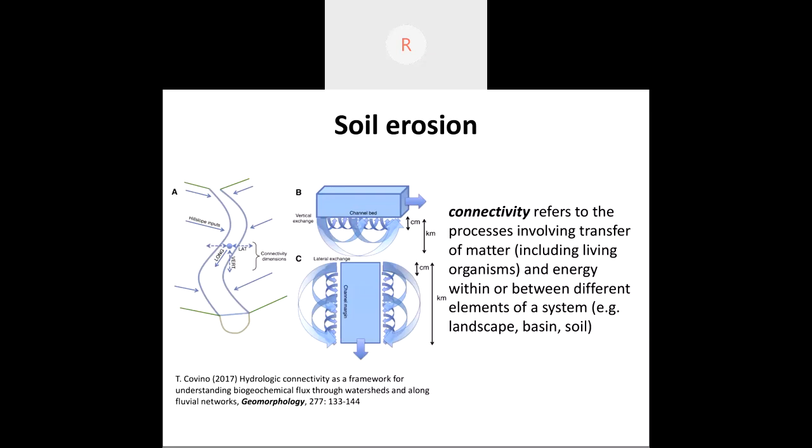As it is written here, it is taken from a paper that is cited there in the slide. It refers to processes that involve transfer of matter and energy between different elements of a system. That means, for example, transport of water from one point to another on a surface. But there is not a quantitative way to measure this connectivity.